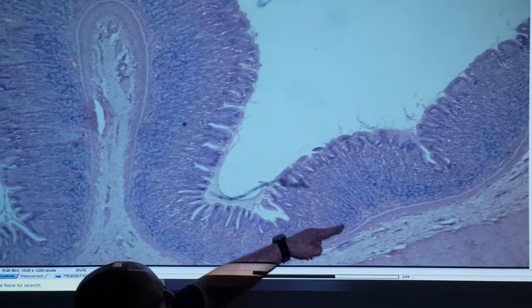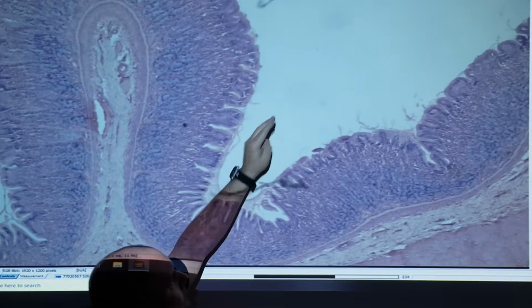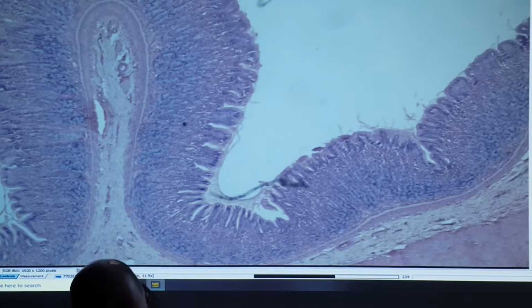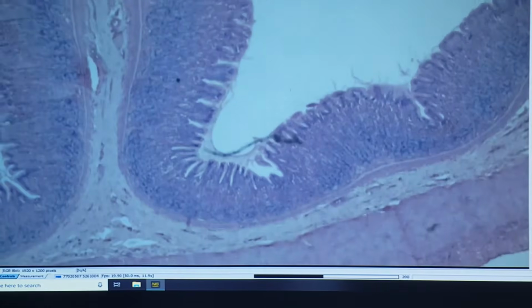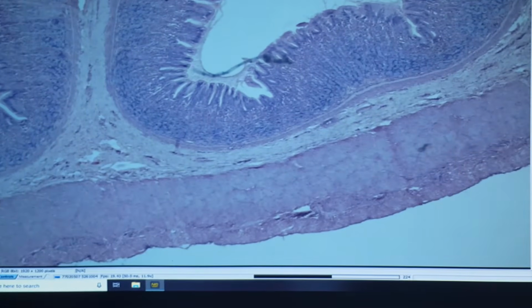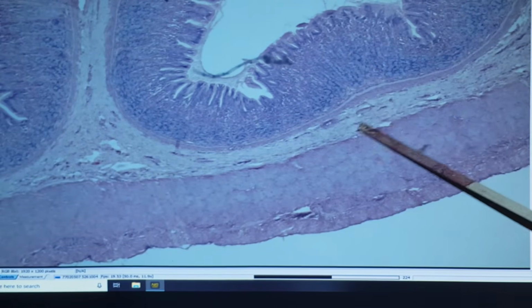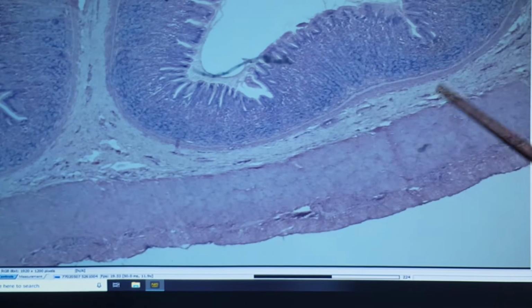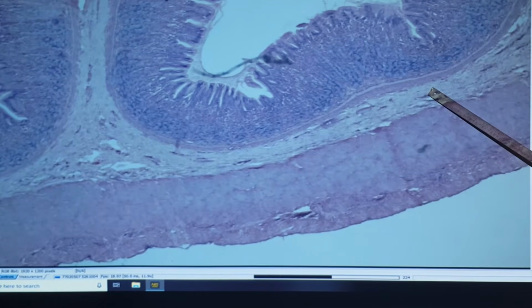The mucosa layer right here. Innermost, the food would be right here. If I work my way down, I can see different shading here in this particular organ. Notice right under the mucosa is this lighter shaded area. This is the submucosa. The submucosa.